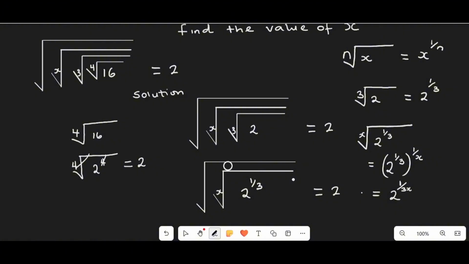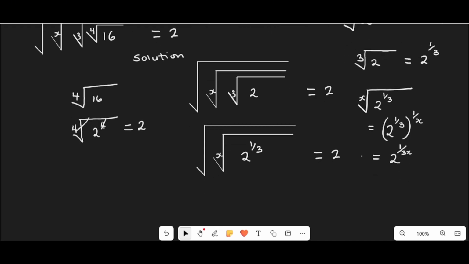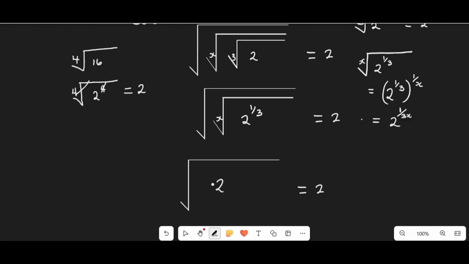So let us rewrite this using this expression. So we are going to have 2 raised to power 1 over 3x.